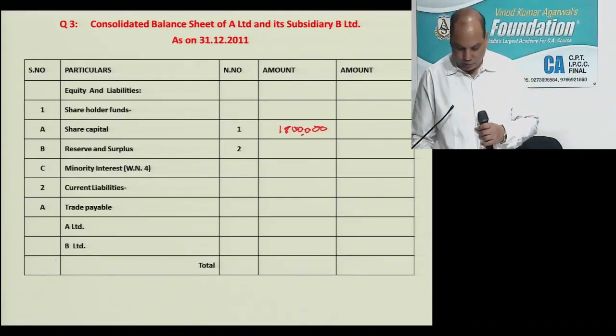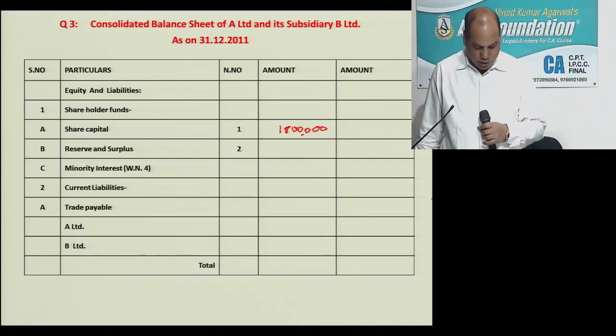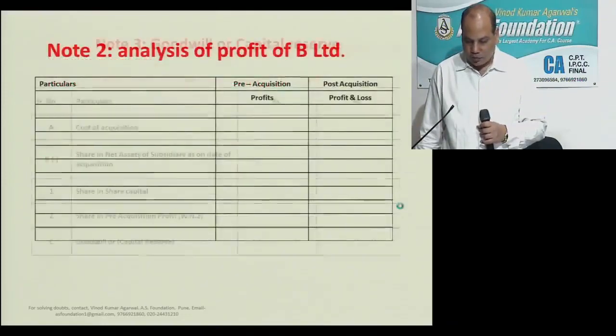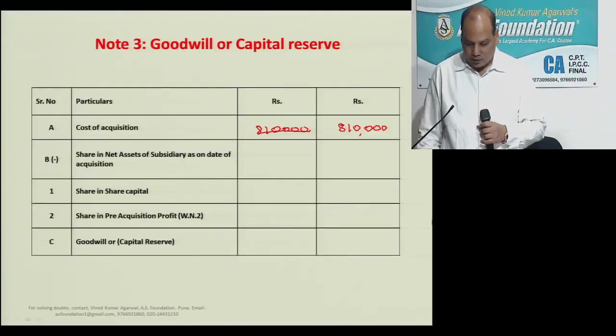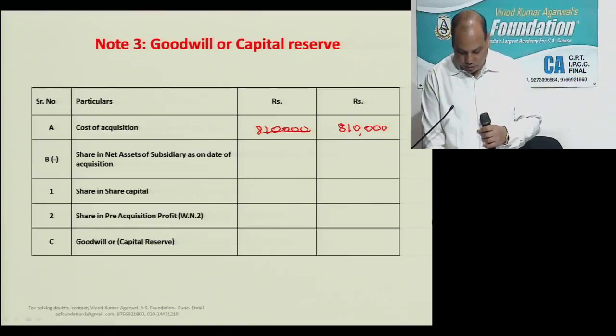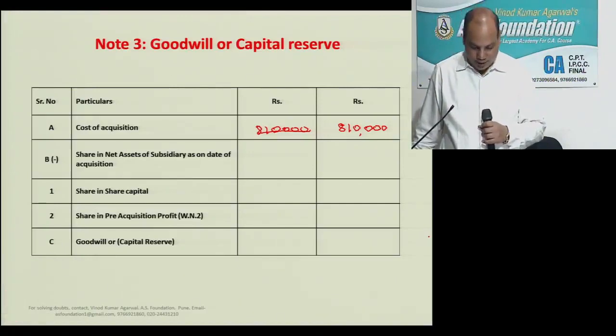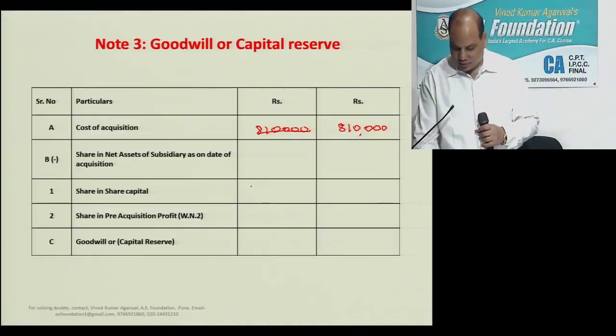Is it right? And then what about the share capital of the subsidiary company B? Working note 3 and 4. Working note 3, first point B1. Share in share capital, how much? 80% of 9 lakh.